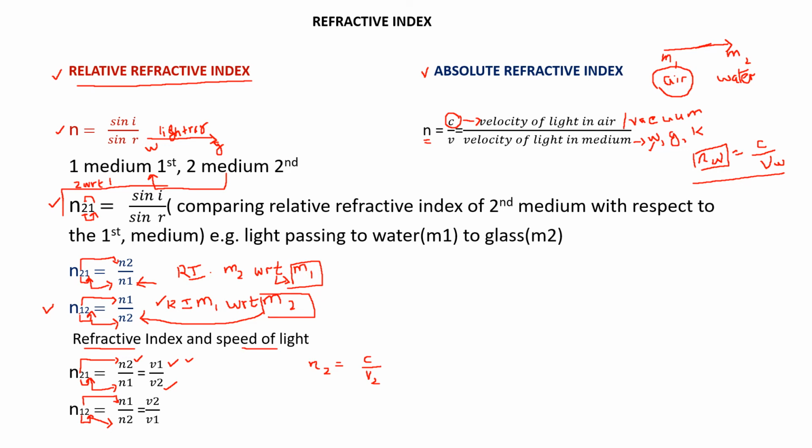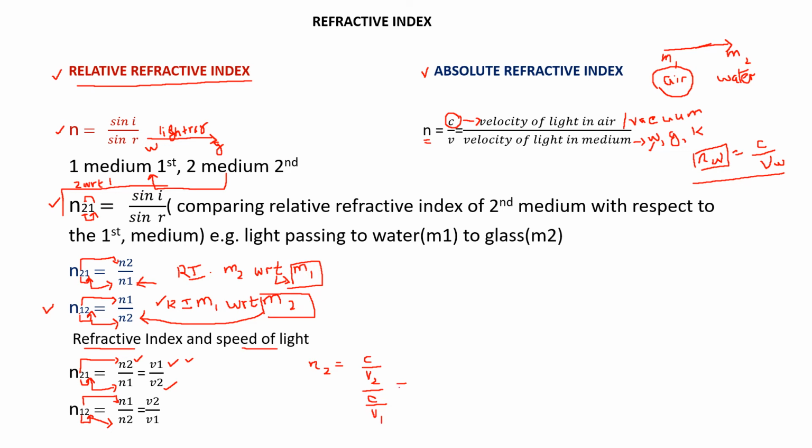Now what about this N? N1, right? N1 will be velocity of light in air, and then velocity of light in medium 1, because you have taken N1, right?